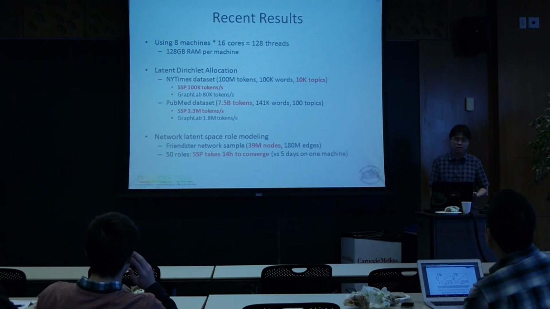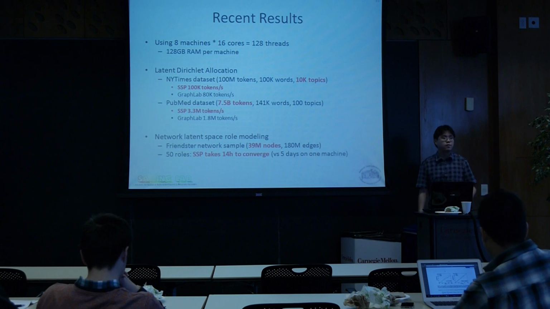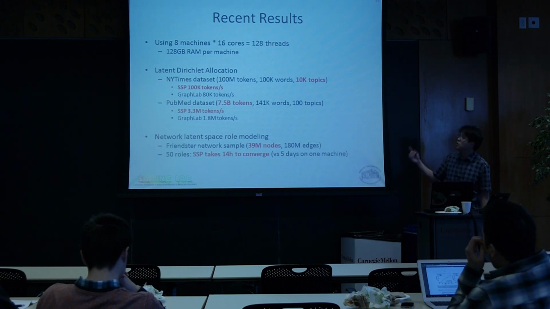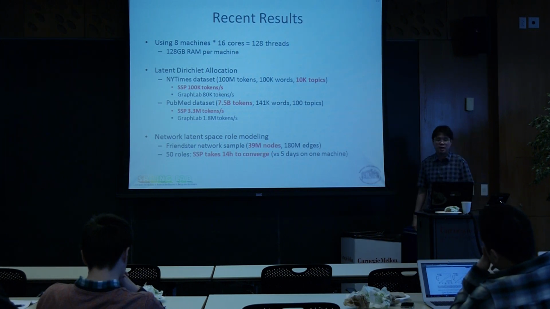With a cluster like this, we can do, say, the New York Times data set for topic modeling, which is about 100 million tokens with a 100,000 vocabulary size, but we're going to do it with 10,000 topics. We've compared this with GraphLab's topic modeling implementation, and under this setting, for about 10,000 topics, we do about 25% better in terms of throughput per second.